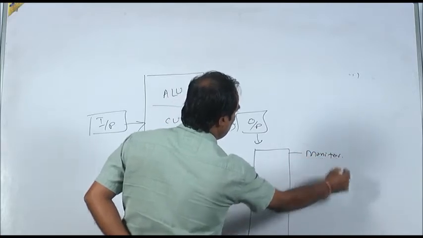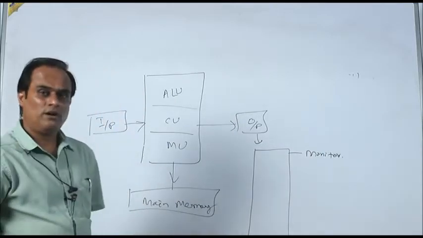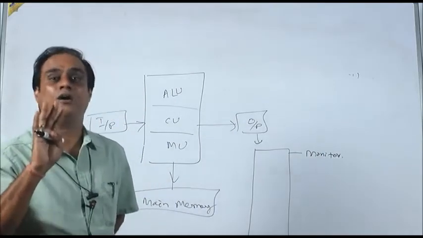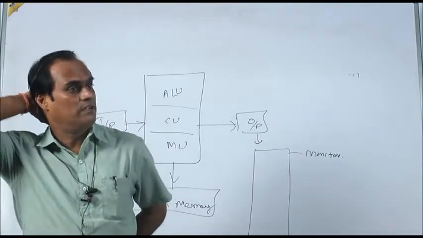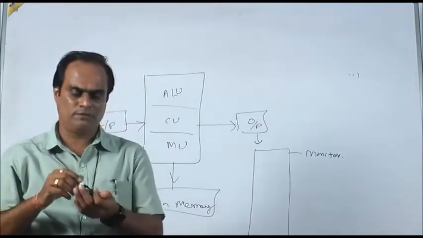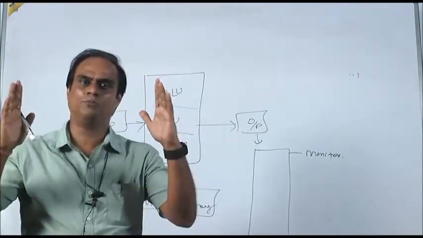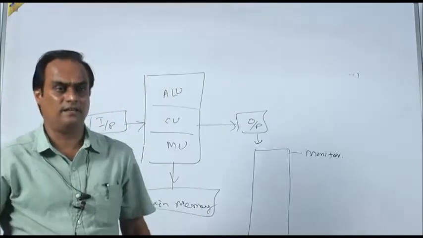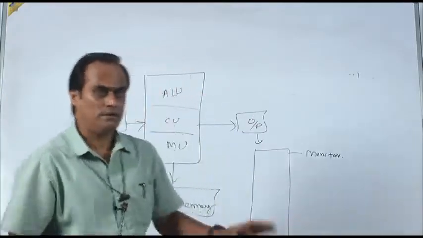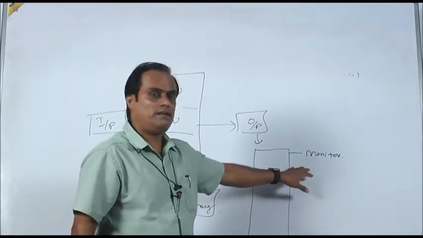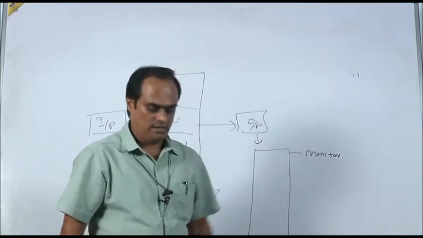We generally say the monitor is the universally accepted output device, because whatever computing system we use, wherever you go, if you find a computer, definitely one monitor is there, where we get the data as output everywhere. That is why the monitor is the universally accepted output device.